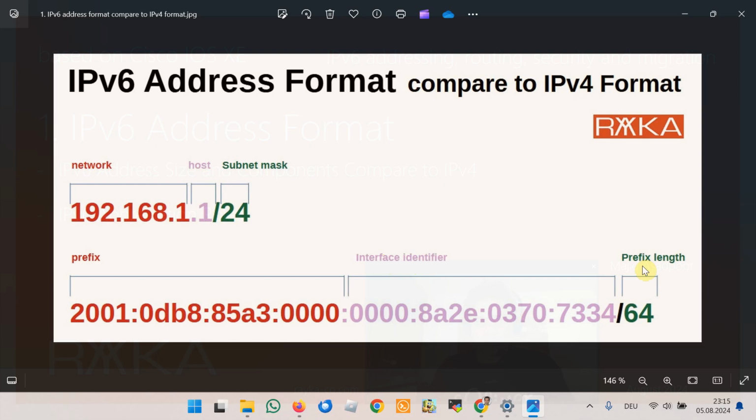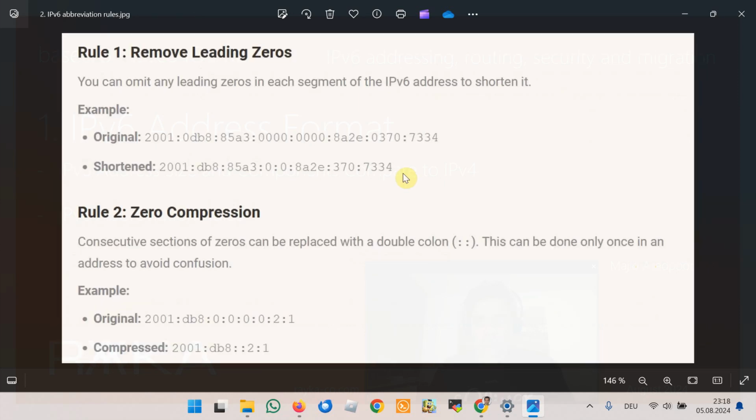As you can see, it's a little difficult to write IPv6 addresses. Writing IPv6 addresses can be simplified by applying two rules: removing leading zeros and using zero compression. Here is how these two rules work.